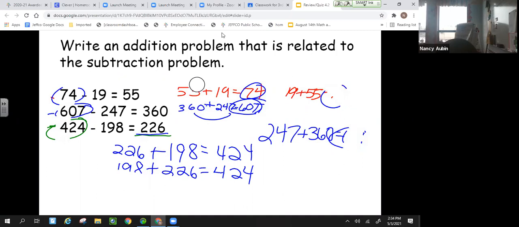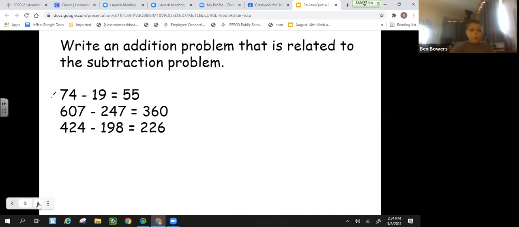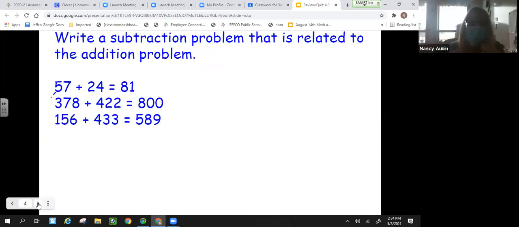What about this? Can we write subtraction problems that are related to addition problems? Yes, no, maybe. What do you think? Yeah, why not? It's still related, so let's try it. Okay, now we're going to do the opposite. We're going to write a subtraction problem that is related to the addition problem.